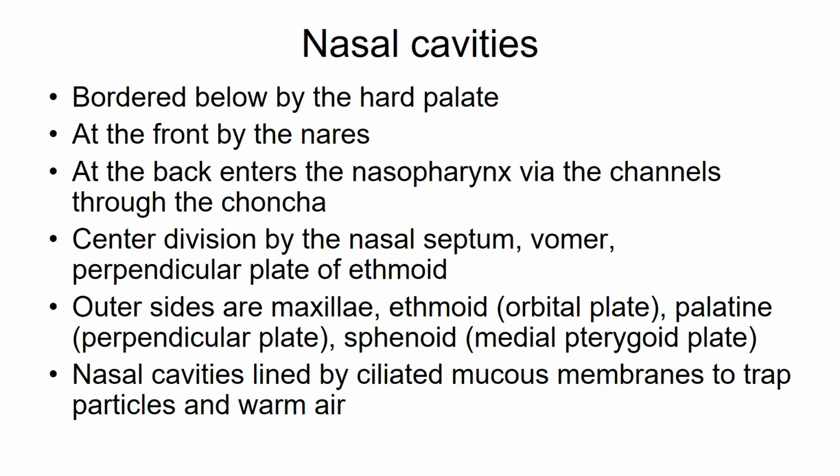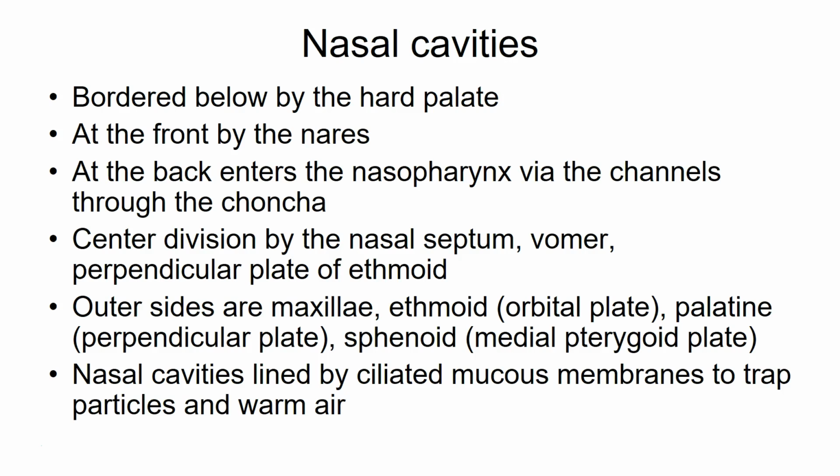The nasal cavities are bordered below by the hard palate, and at the front by the nares, the opening to the outside world. At the back, we go from the nasal cavities to the nasopharynx through channels called nasal choanae. There's a central division in the nasal cavities called the nasal septum, which also includes the vomer bone and part of the ethmoid bone.